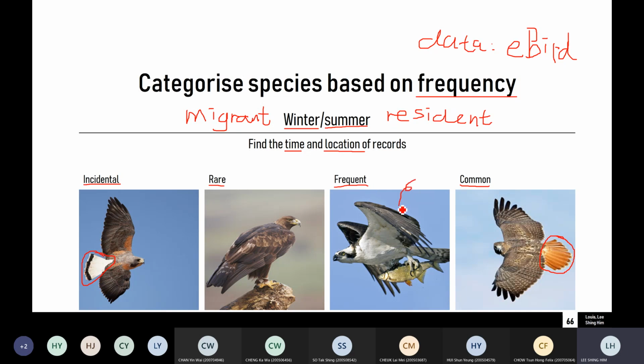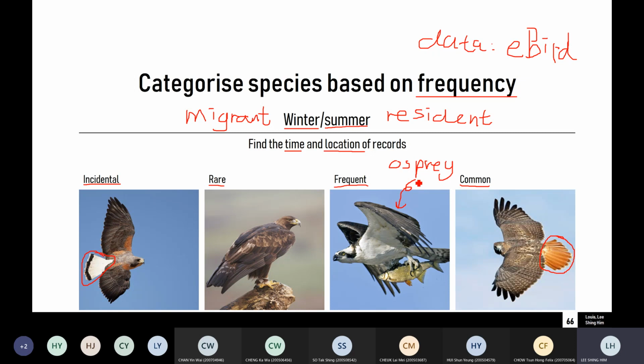Talking about this species, this is called osprey. In Chinese, you can call this, this is an eagle.